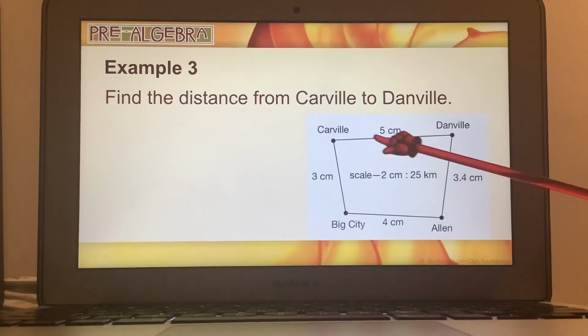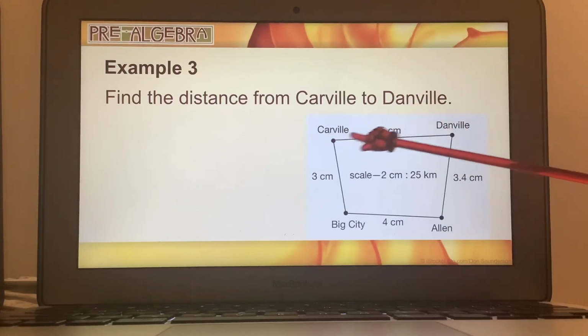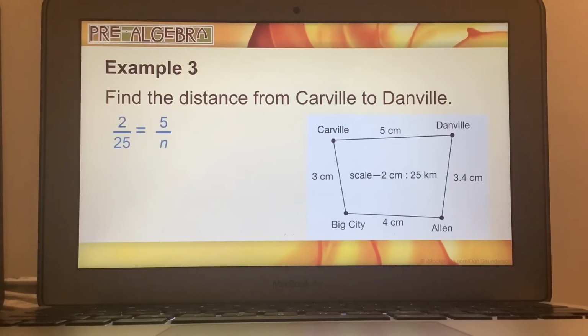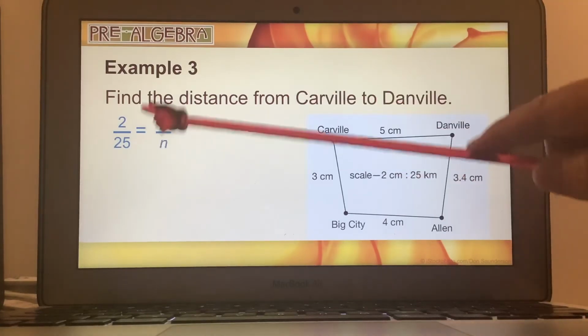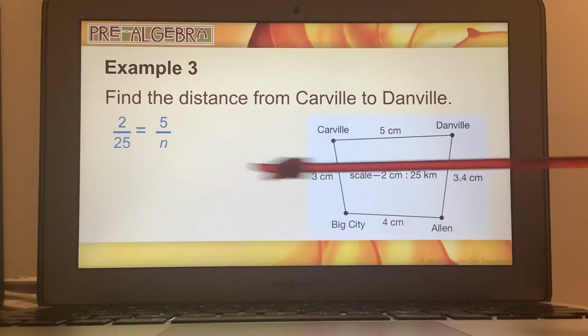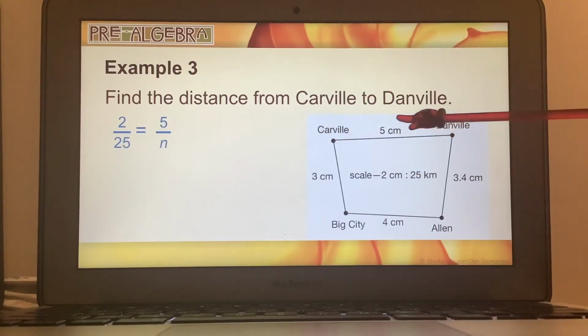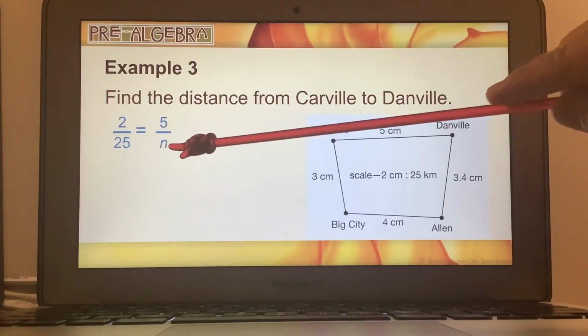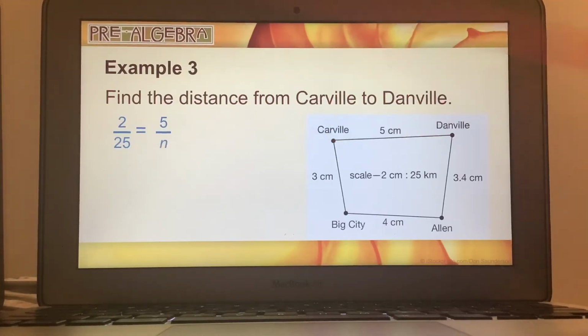But if Carville to Danville here, this length is 5 centimeters, then we need to figure out the actual distance between Carville and Danville. So here's our scale. 2 over 25, 2 centimeters to 25 kilometers, is equal to 5 centimeters, and then we need to find the actual distance right there. So you cross multiply, 2n is equal to 5 times 25, and 5 times 25 is equal to 125.